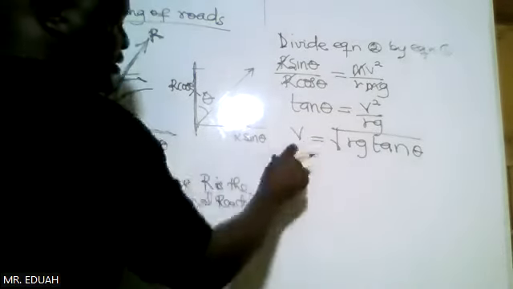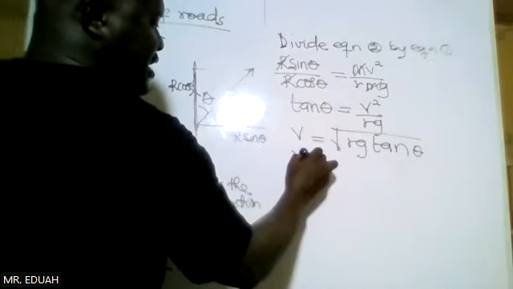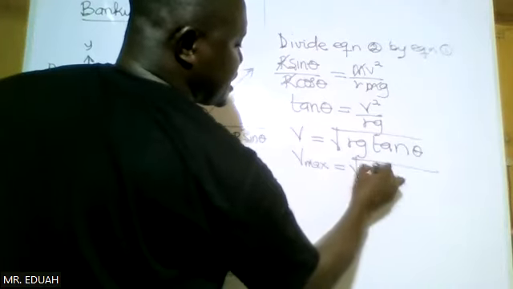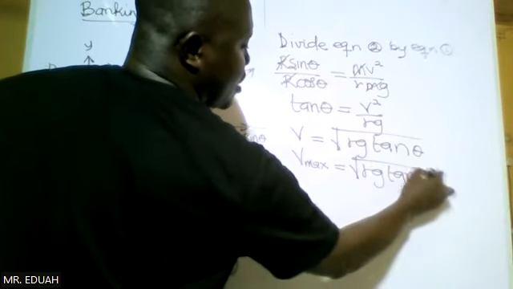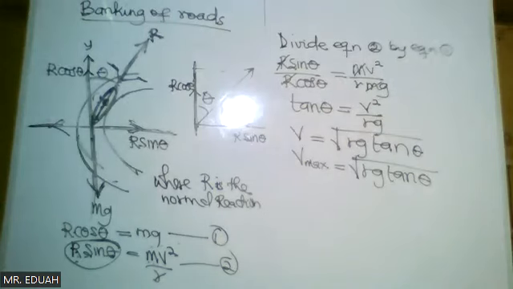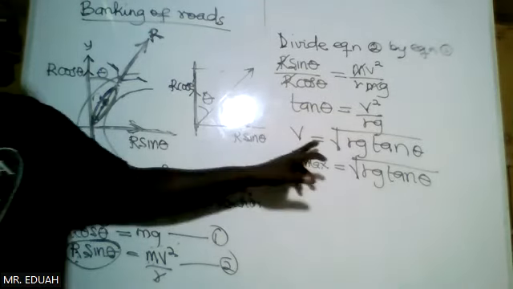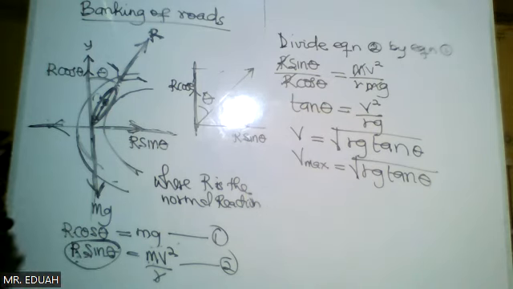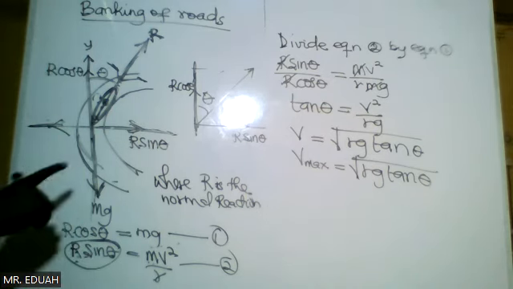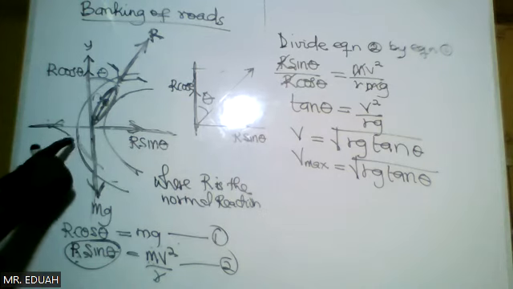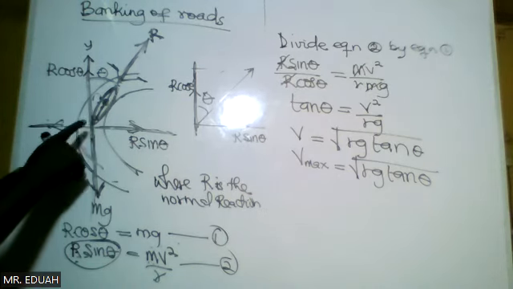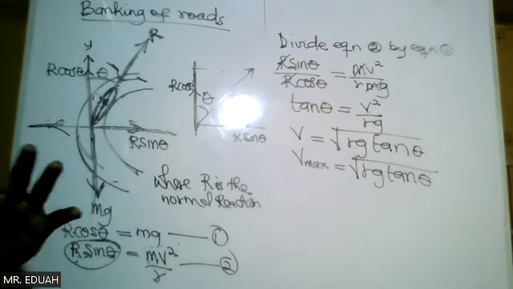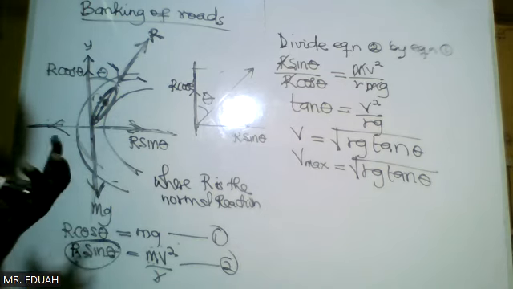And this gives us an expression for the maximum velocity. So with this expression, we are looking at when the driver makes that turn, when he turns the bike at an angle and the frictional force on the surface is so small, negligible.